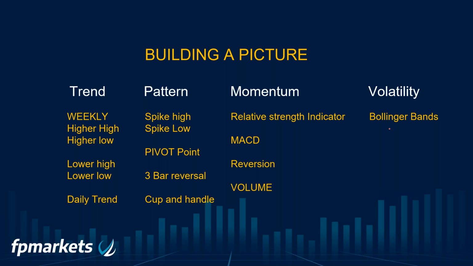And then volatility is around Bollinger Bands. So we have some basic concepts together, basic concepts around trend, patterns, and indicators. We really can build quite a resilient trading system out of these simple observations of the market.